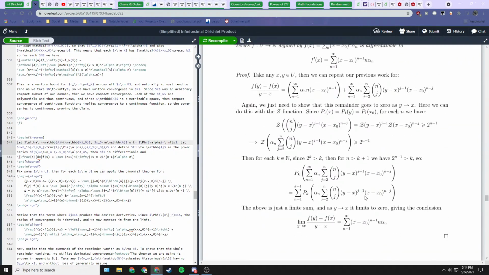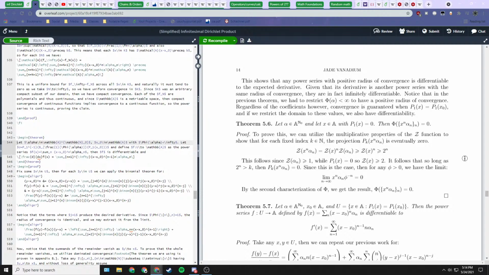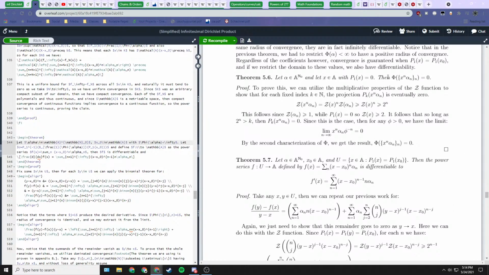I think the only new proof possibly that we have is this: regardless of what our alpha coefficient sequence is, if you just have the first projection of the x, which is the base of the exponential, if that's 0, so if it's not a unit, then the phi value, when you multiply it by these repeated exponents, defaults to 0.